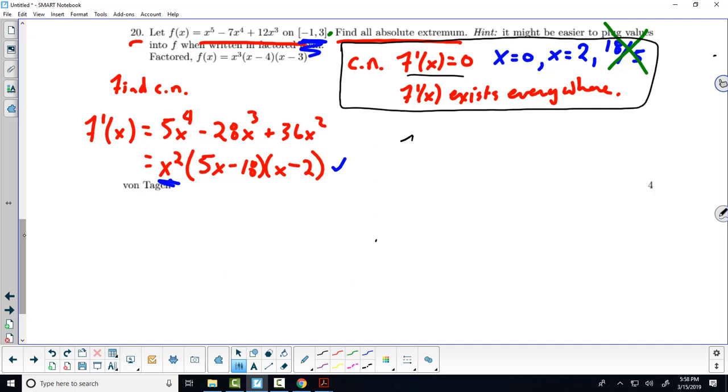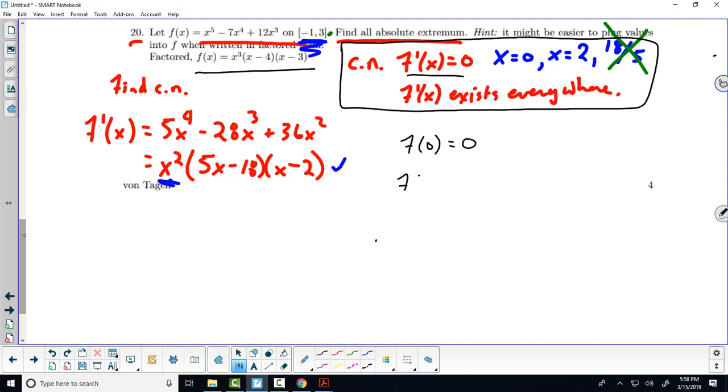What is f of 0? Well, f of 0, if I plug a 0 into this function, and here I suggest putting it into the factored form of the function. By the way, if that were the case, I would give it to you in factored form like that. If I plug 0 into the factored function, I get 0.